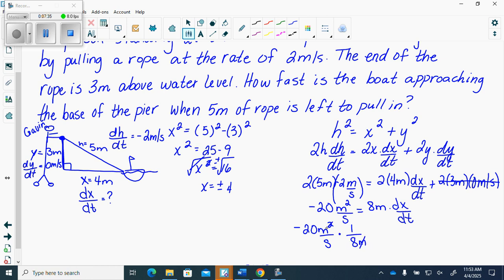That cancels that. You take a 4 out of each. So this would be a 2, and that would be a negative 5. Equals dx dt. So then we get dx dt equals negative 2.5 meters per second.